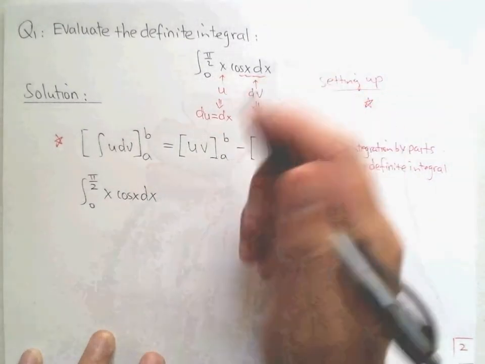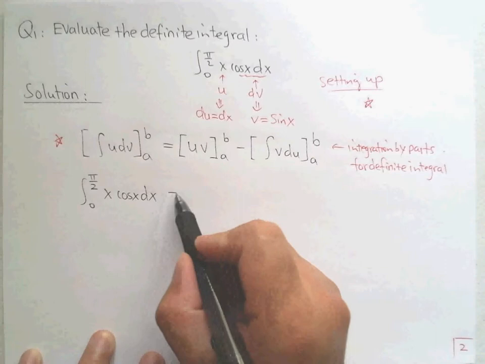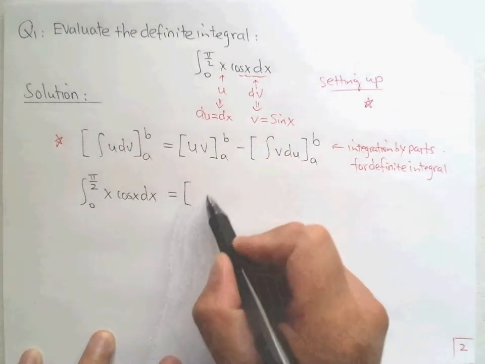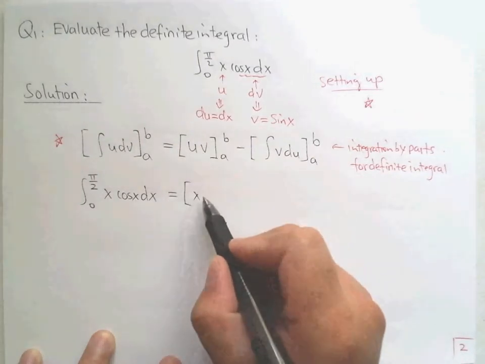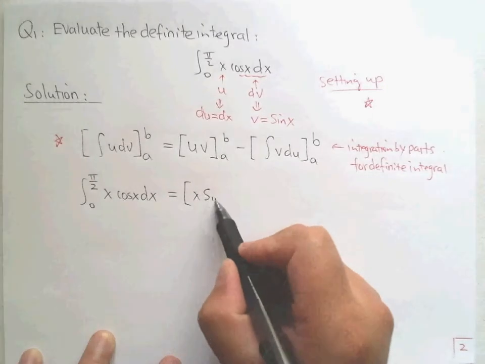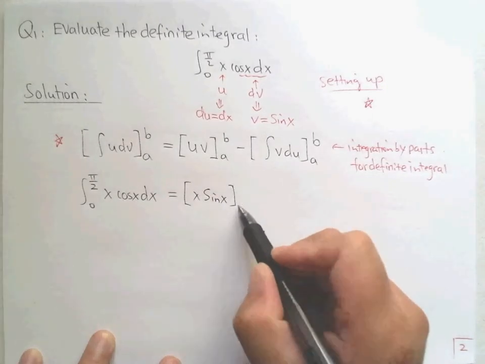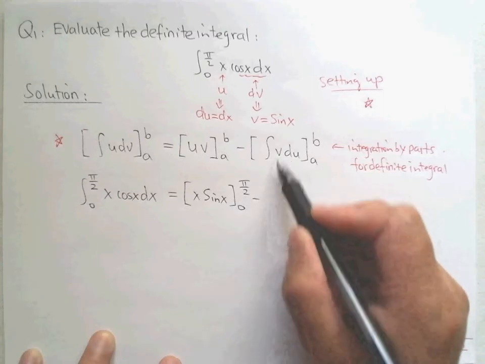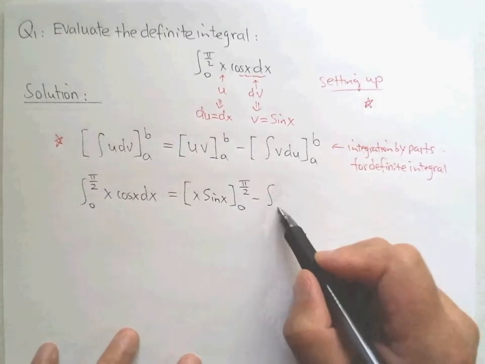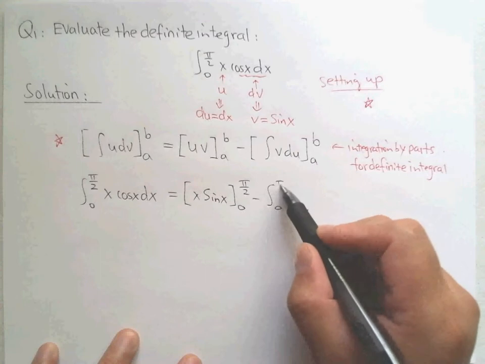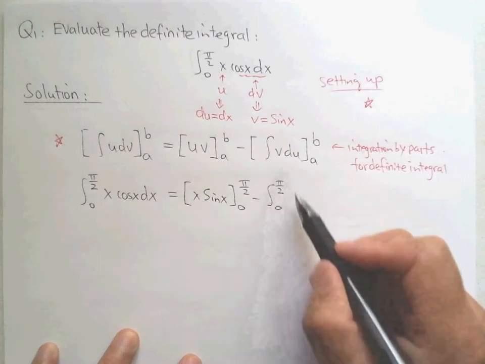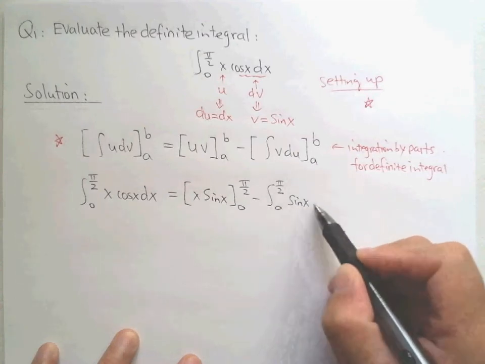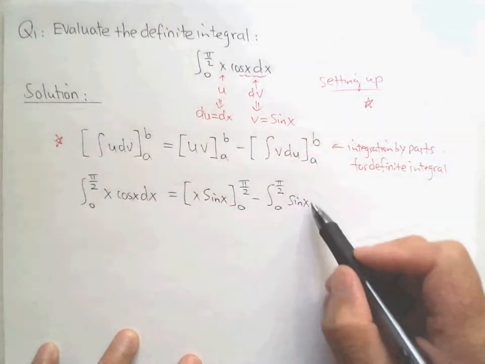Okay, and then I'll plug in. u is x, v is sine x, and a is 0, b is pi over 2. Good, and minus. So here is the definite integration from a is 0, b is pi over 2. v is sine x, and du is dx.